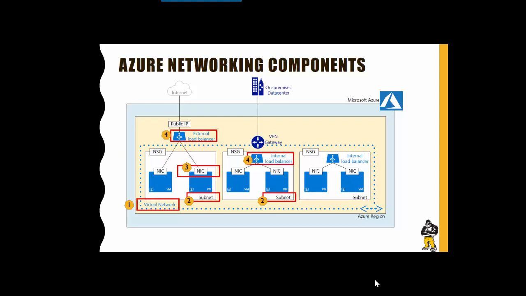On another layer, we have external and internal load balancers. An external load balancer is mainly the load balancing provided from the public internet into your Azure virtual networks, where an internal load balancer allows you to load balance network traffic from within a specific subnet.